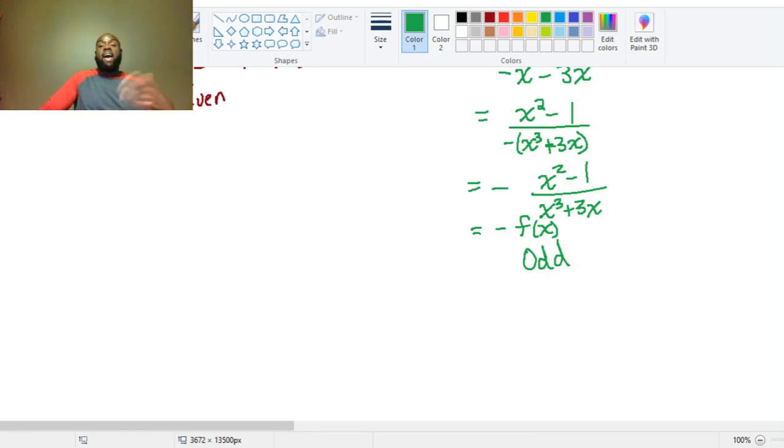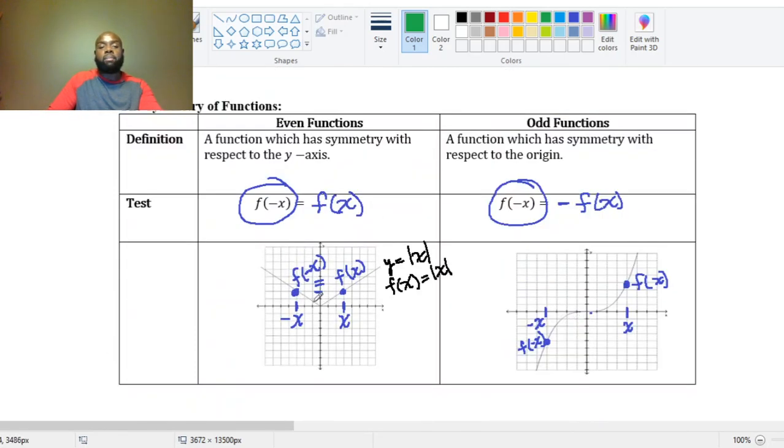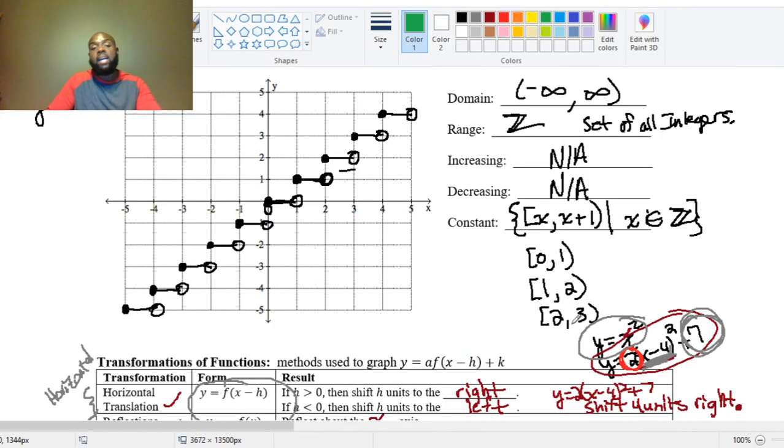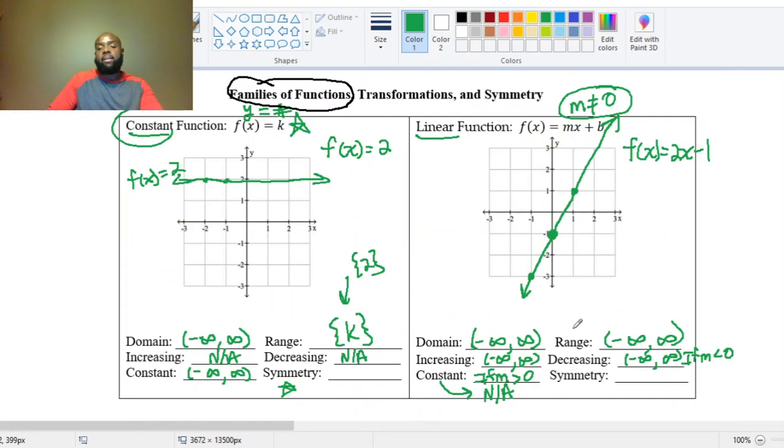All right. And so what I want you to be able to do is either be able to look at a graph and determine if a function is even or odd or neither, or you can look at plugging in and using that test. Now, if we come back to this example here on the first page of our notes, we can see that this has symmetry with respect to the y-axis.